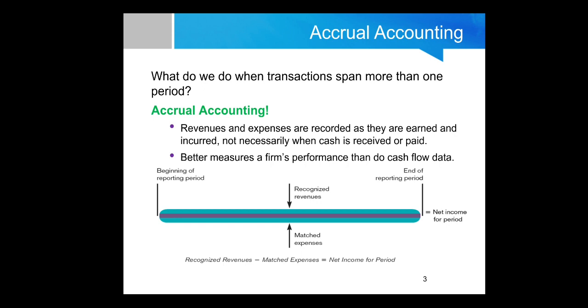That is the time you pay, but the expense happened in the month of December, so you have to record it in the month of December. That is the basic idea. Later you will see how to apply this. Accrual accounting is a better measure of firm performance than cash flow data. There is an example for that in later slides.